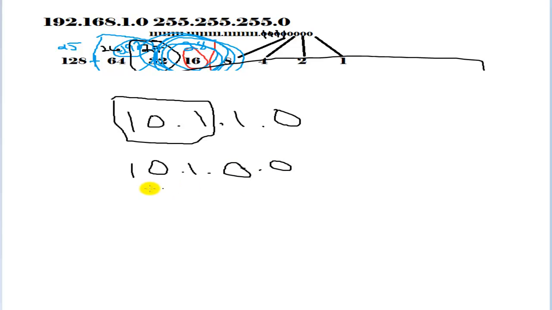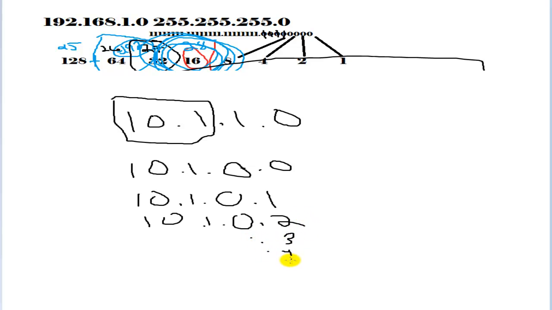So your next IP address would be 10.1.0.1 and then 10.1.0.2 all the way up, .3, .4, to 255, and then you would start in this one.